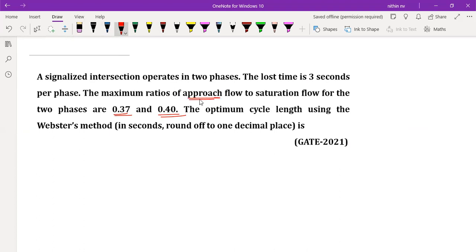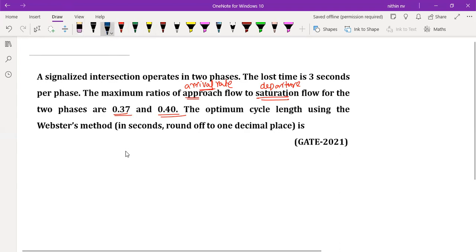All these three are the same. Similarly, saturation flow you can call departure flow, or departure rate. Normal flow we can also call arrival rate. Arrival rate is nothing but normal flow, and departure rate is nothing but saturation flow. Keep these synonyms in mind.